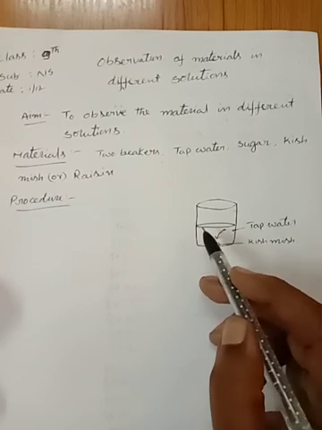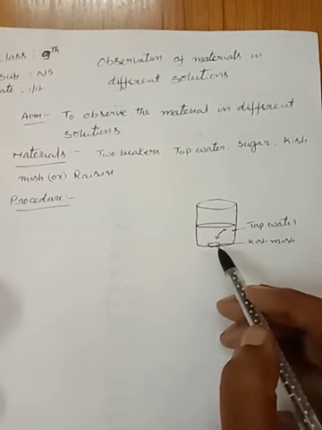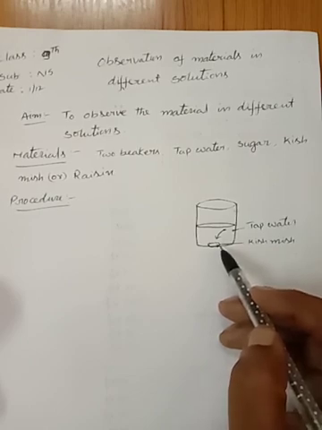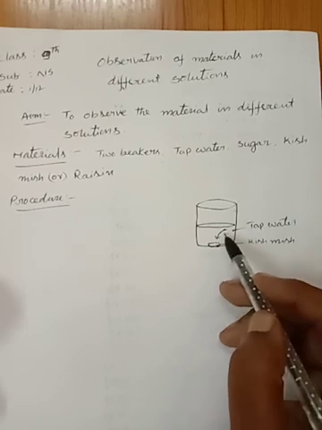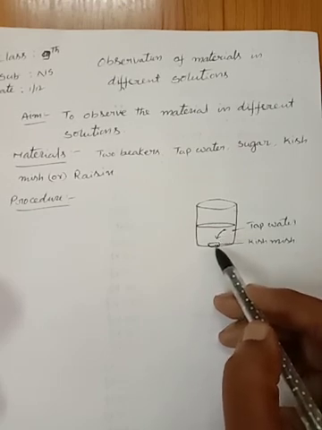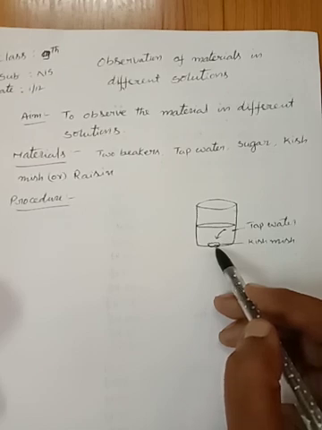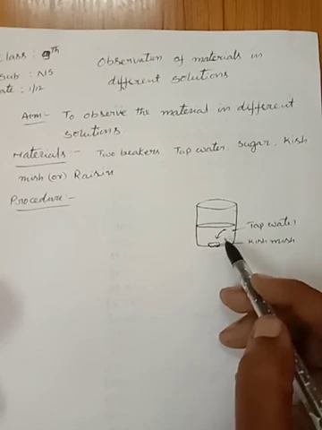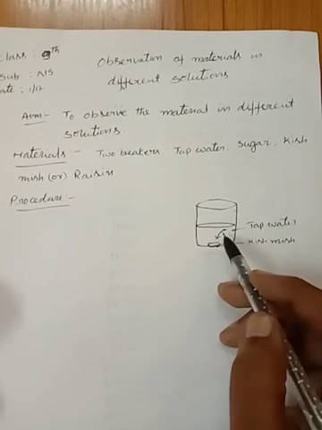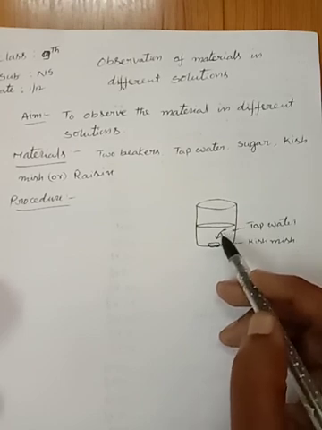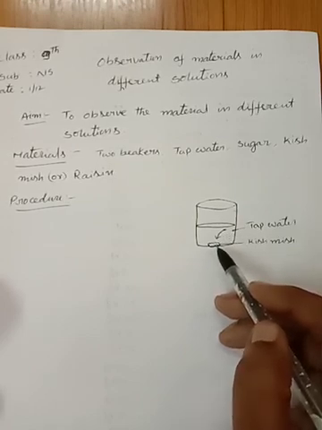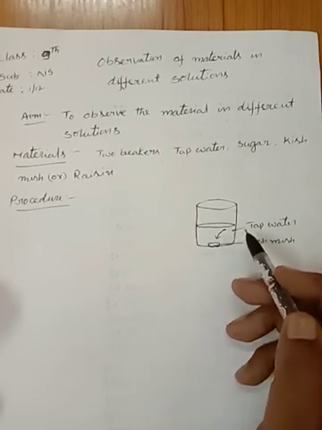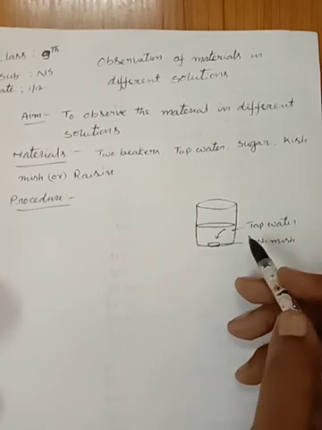The kismis kept in the tap water bulges because the tap water enters into the kismis. That's why the kismis bulges, because of the process of osmosis. In the osmosis process, water molecules move from lower concentration to higher concentration through a selectively permeable membrane.